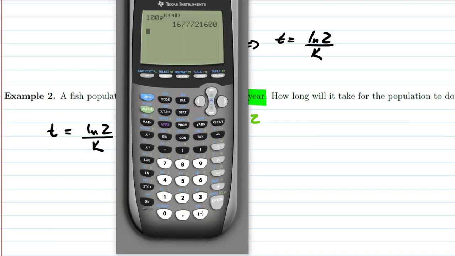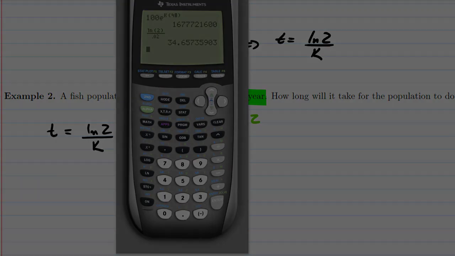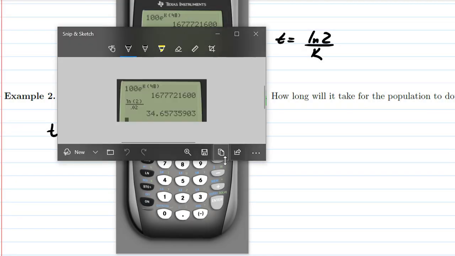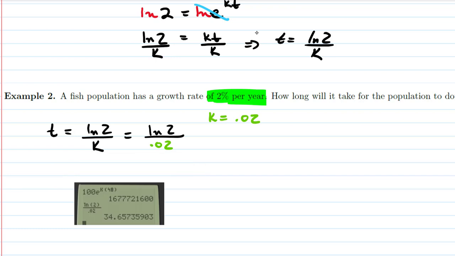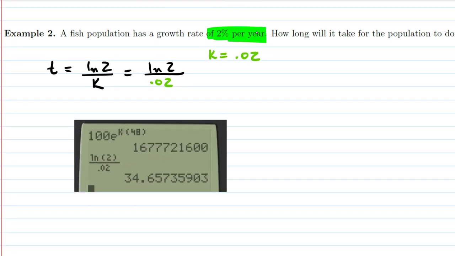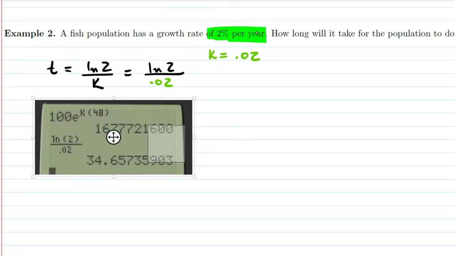When we grab our calculator, we have the natural logarithm of 2 divided by 0.02. We press enter, and we get the following value. So it's going to take a little more than 34.5 years.